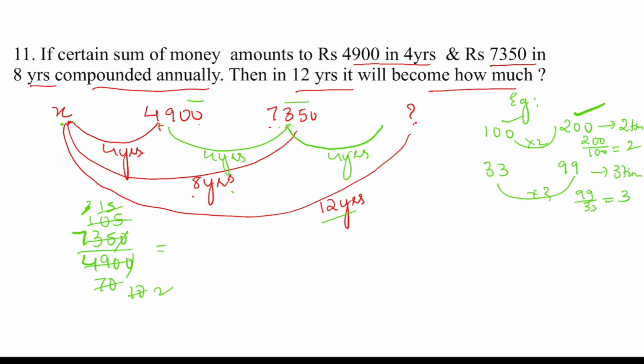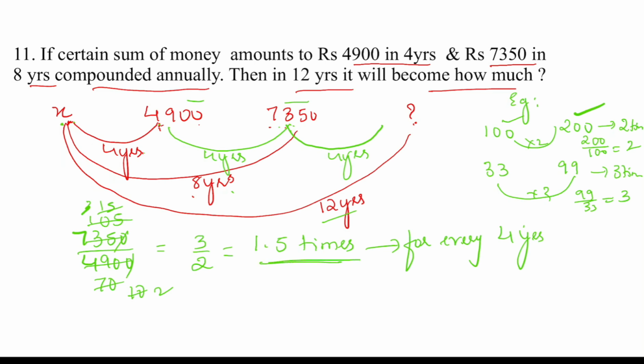So it is 3 by 2. 3 by 2 is nothing but 1.5 times. Means for every 4 years, it is increasing by 1.5 times.